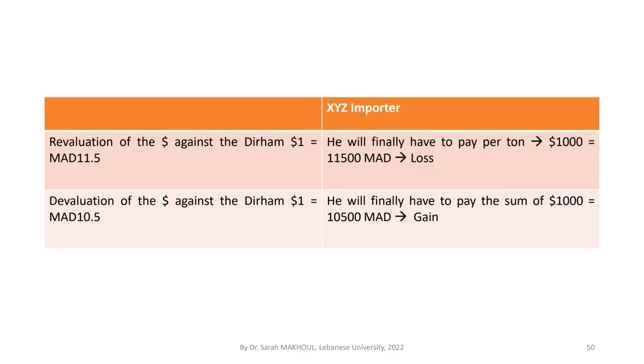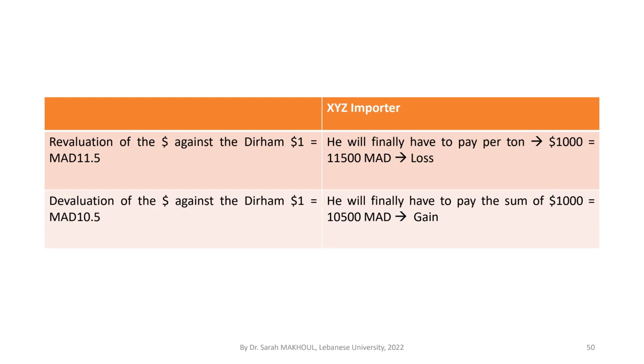The Moroccan company is in the situation of an importer of sunflower seeds from the American company. In case of revaluation of the dollar against the dirham, which means $1 equals 11.5 dirhams, this company will have to pay per ton 11,500 dirhams, which means she is at a loss from this revaluation of the dollar against the dirham.